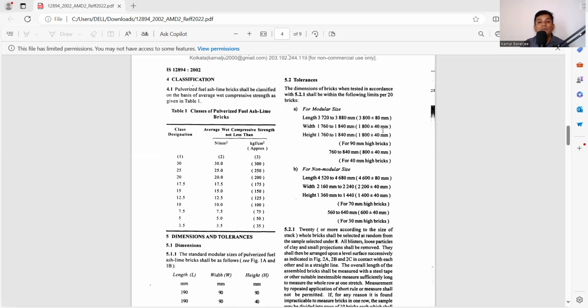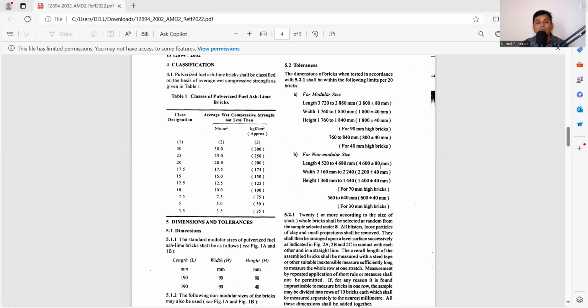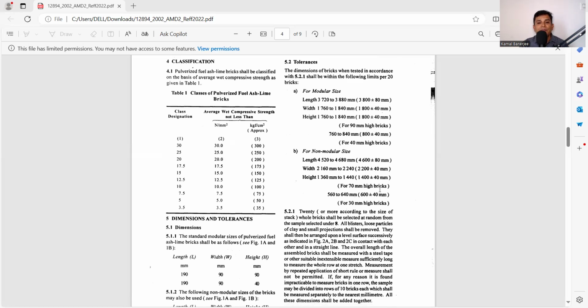For the width it's plus minus 40, and for the height it is plus minus 40. So whenever we are measuring 20 bricks in length, width or height, if it is within the specified tolerance limit, we can say this brick is as per the project specification or as per the IS code. For the non-modular also it is the same: 80, 40, 40.